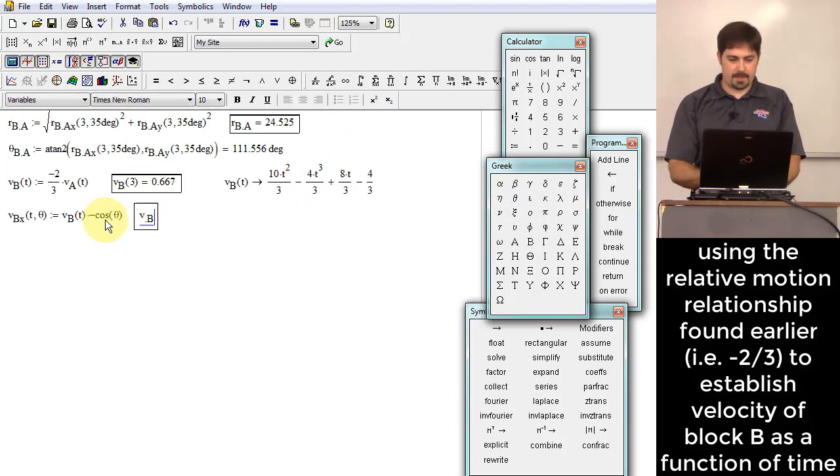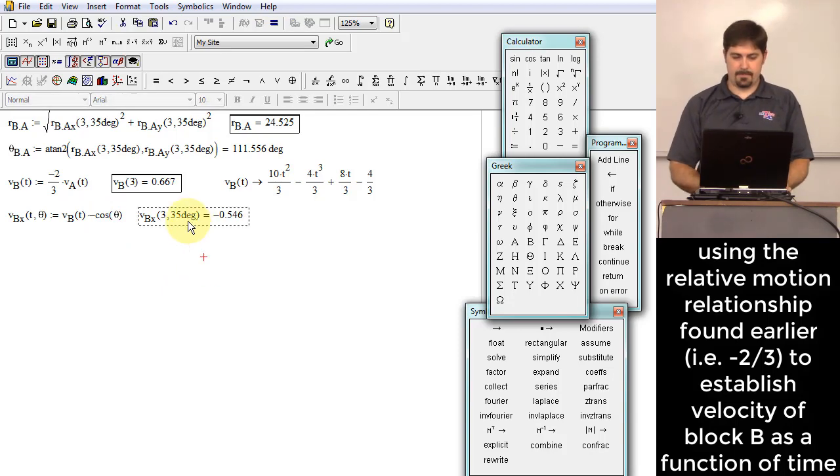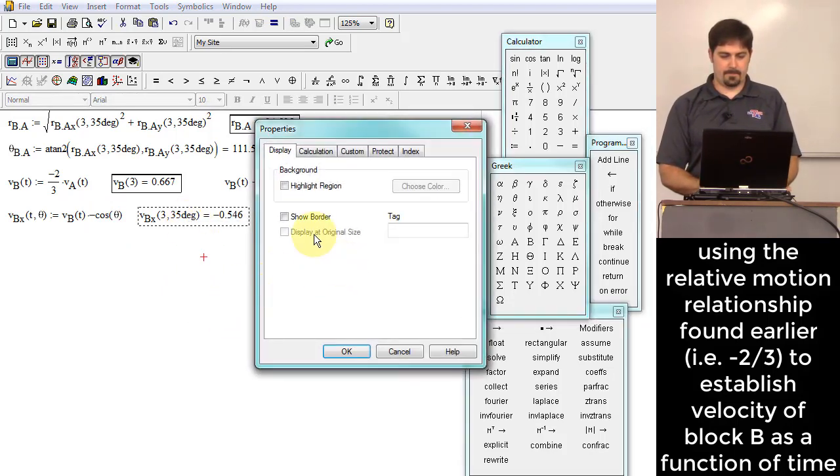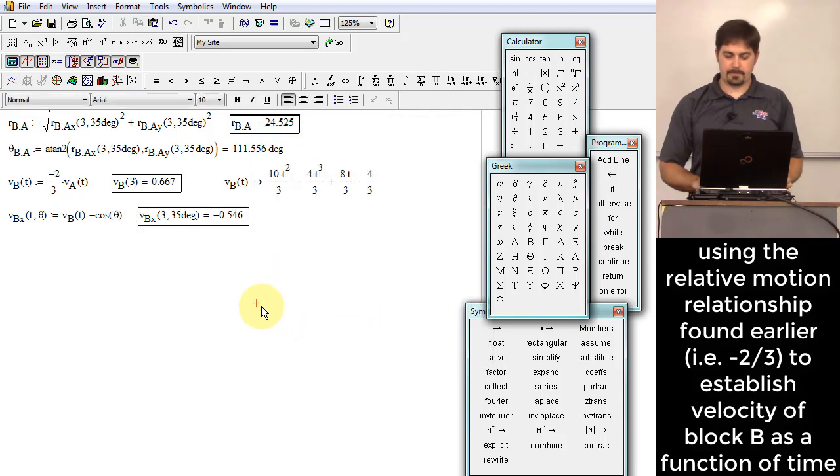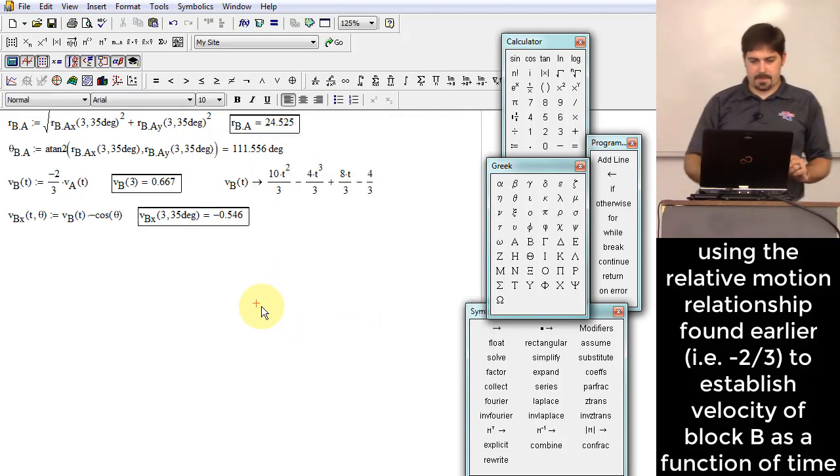So now the velocity of B in the x direction for 3 and 35 degrees is that.